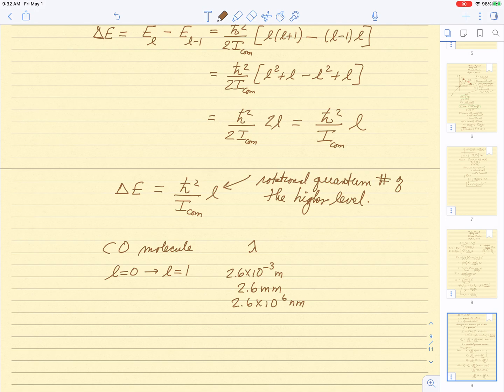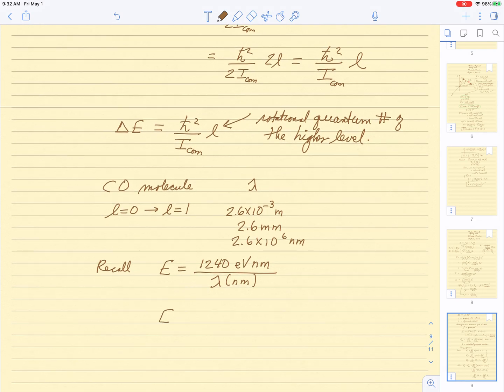And so if we look at that energy, we will recall that energy is equal to 1240 electron volt nanometers divided by the wavelength in nanometers.